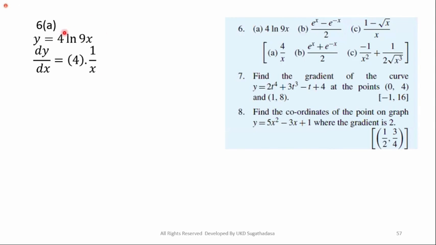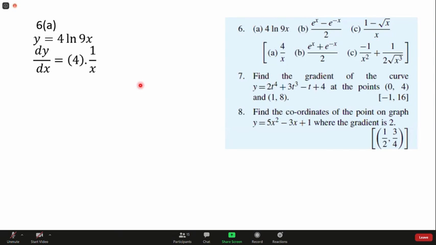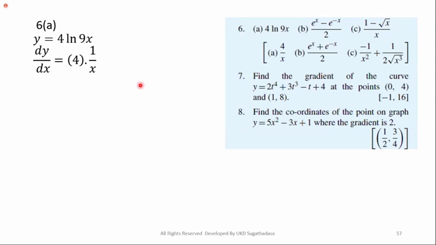Another way: if we differentiate ln 9x, you get 1 upon 9x multiplied by the derivative of 9x, which is 9. That is 1 upon 9x multiplied by 9. Then 9 will cancel, and you get 1 upon x. You can use either way, either this standard formula, ln x differentiation is 1 upon x, right?